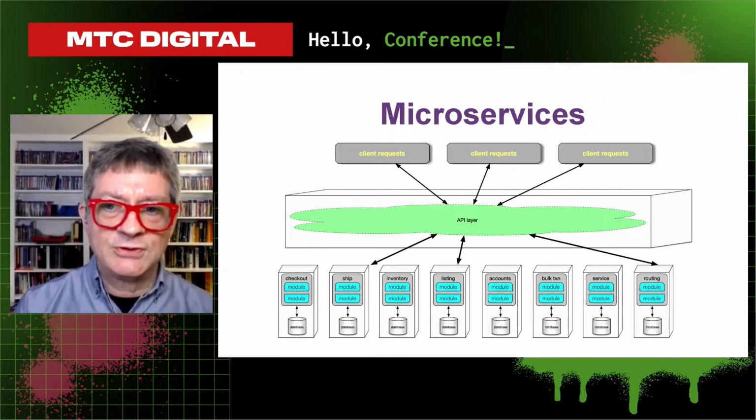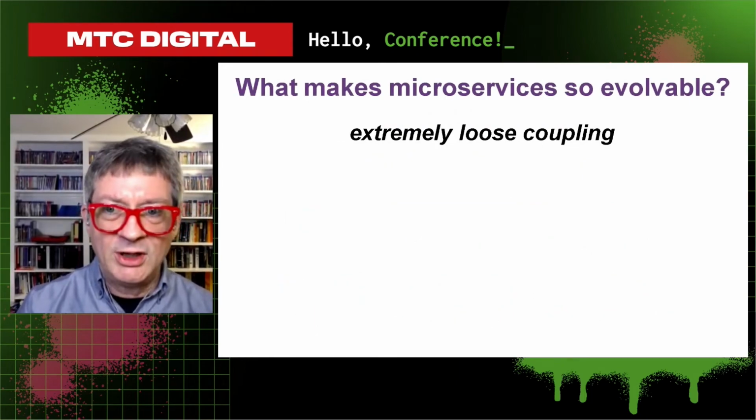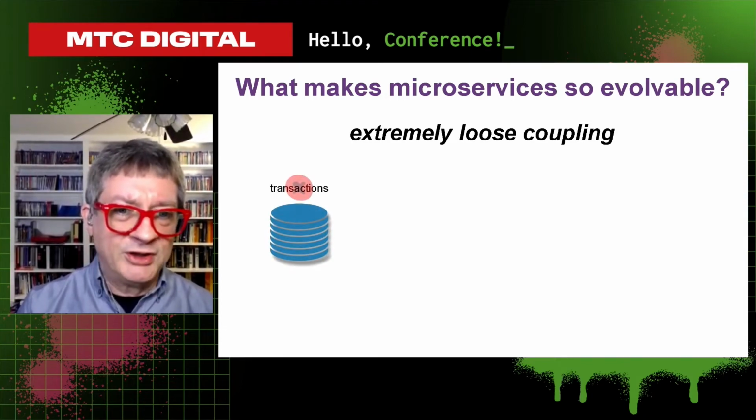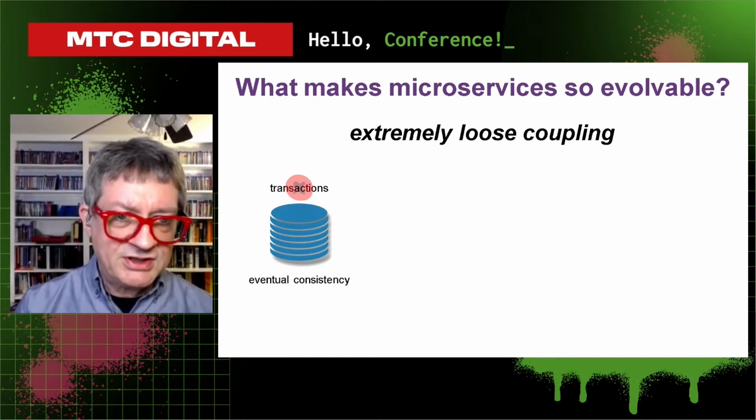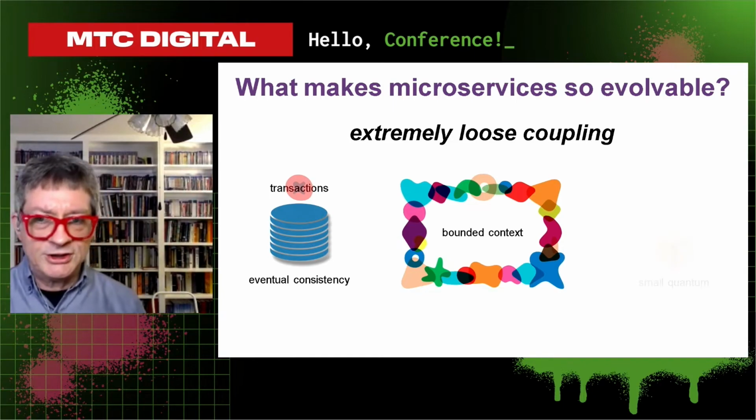So what makes microservices so evolvable, which we determined it is the most evolvable of these architecture styles? Extremely loose coupling, so you try to avoid things like transactions and do eventual consistency, restricted adherence to this idea of bounded context, and very small architecture quanta.